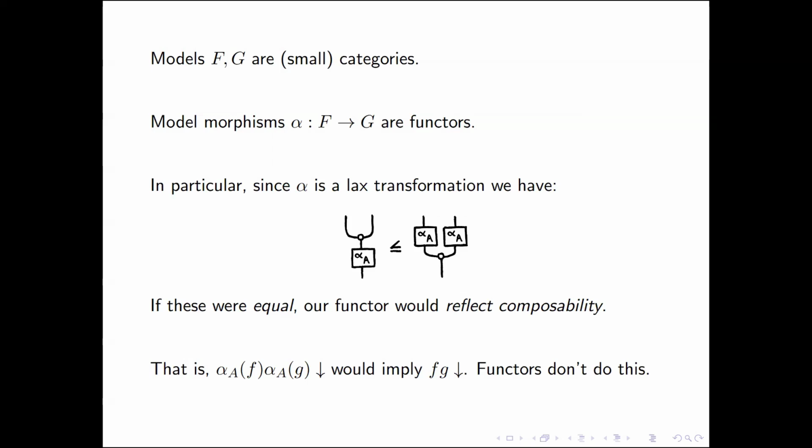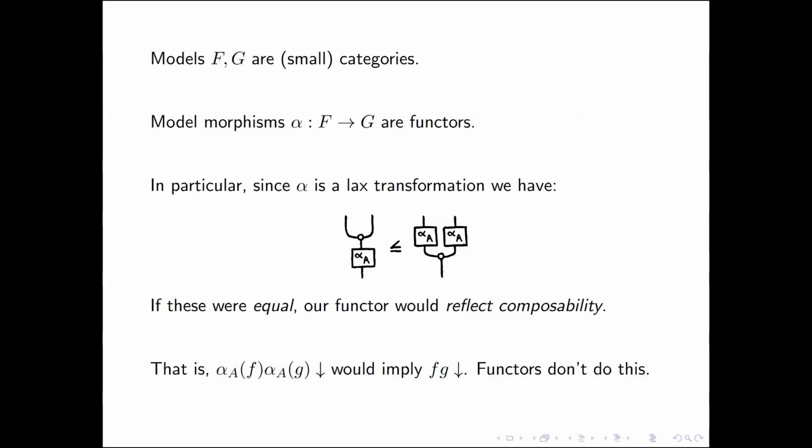And then it turns out that model morphisms, so if you remember, a model morphism is a monoidal lax transformation, but in this case, a model morphism is also a functor because we're working in models of the theory of categories. Models turn out to be exactly functors, and this is an interesting place to stop and think about why we have to use these lax transformations instead of just strict natural transformations.